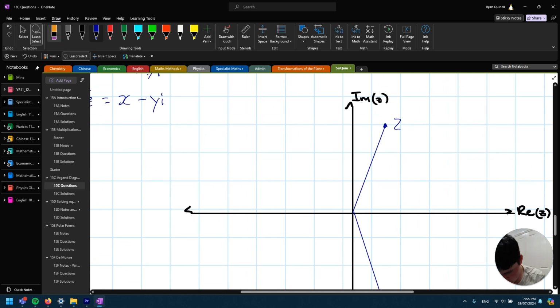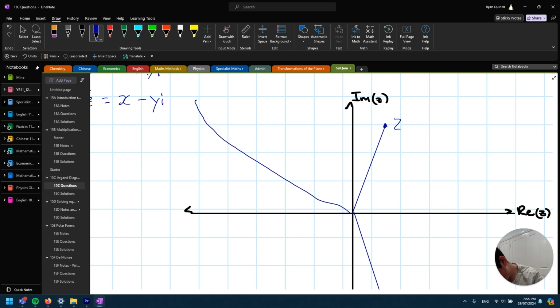So it's out here somewhere. It's not really to scale, so it doesn't really matter, but we'll just call it Z squared.